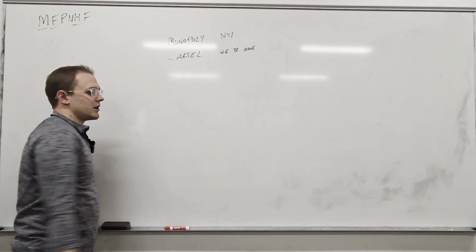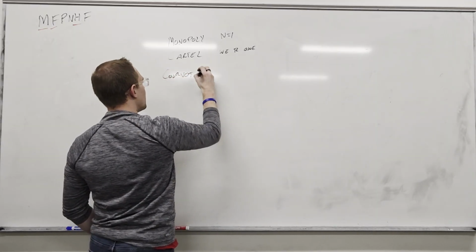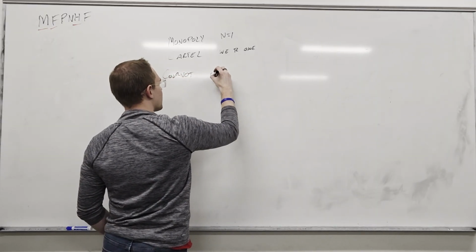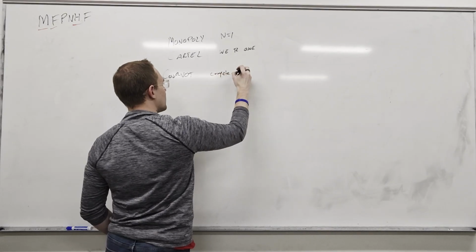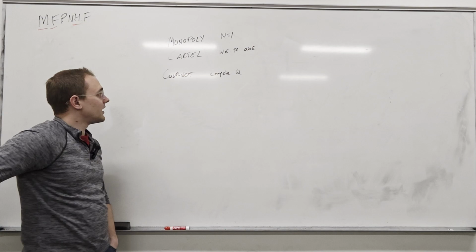You can have Cournot. What is Cournot? Cournot is where you have few firms that compete on price. No, sorry, quantity. They compete on quantity. And how is this solved?